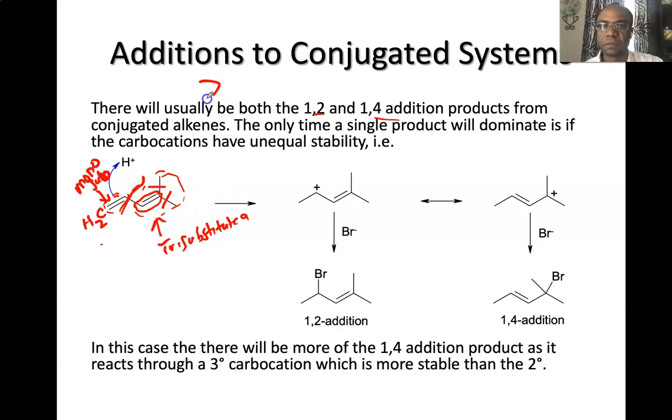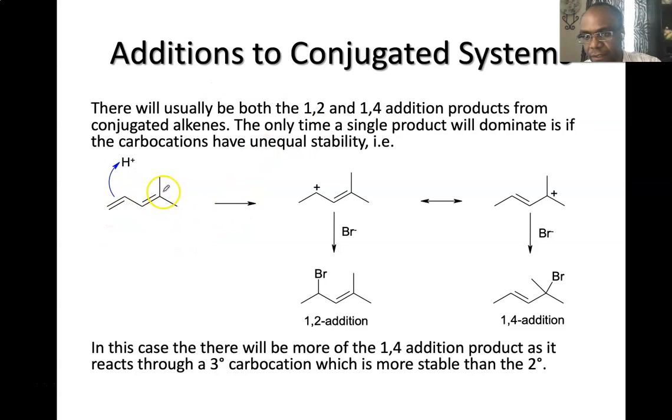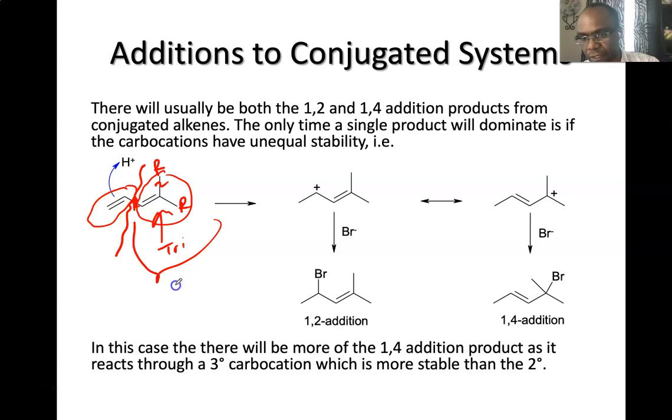By what we call Zaitsev's rule, the more substituted double bond is going to be the more reactive. So I would expect this side of the molecule to be more reactive than this side, because this one is more substituted. I see an R group there, an R group there, and all this will be an R group, so this is tri-substituted. The only R group I have here, considering this left double bond, is all this other part taken to be an R group. So this side is mono-substituted.